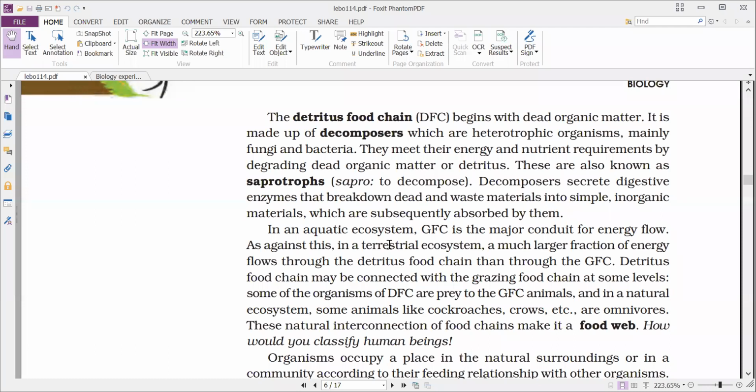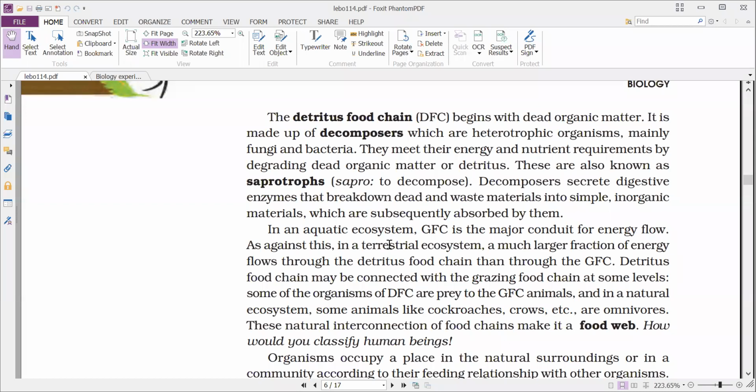How do these decomposers function? The decomposers secrete digestive enzymes that break down dead and waste materials into simple inorganic materials, which are subsequently absorbed by them.